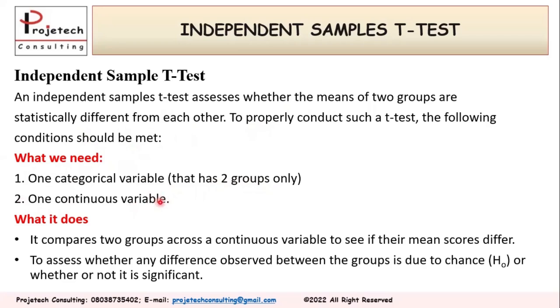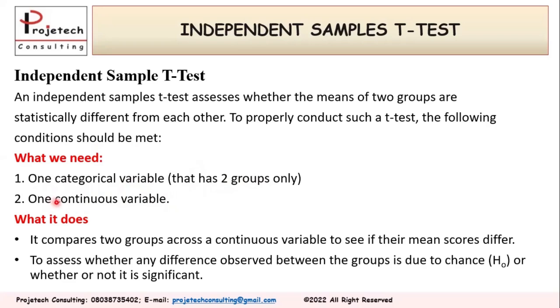So for you to deploy independent sample t-test, you are supposed to have a categorical variable that has two groups against a continuous variable. So that is when to deploy independent sample t-test.